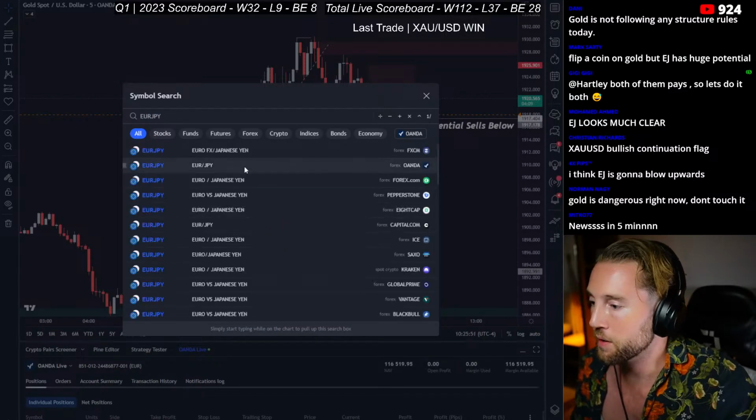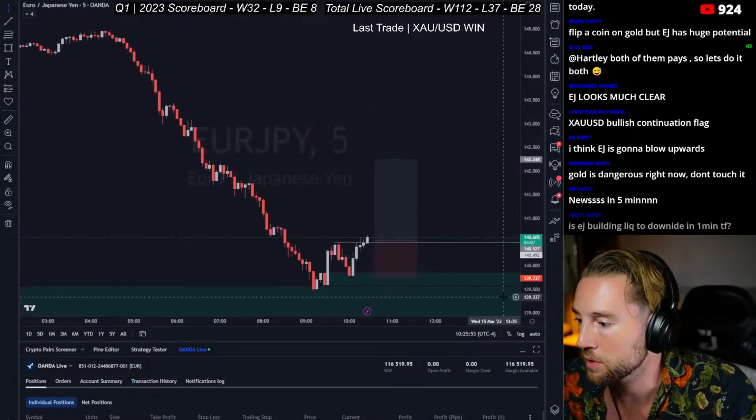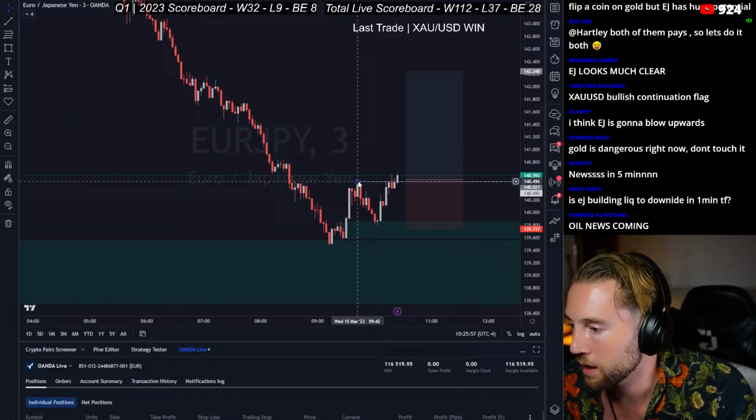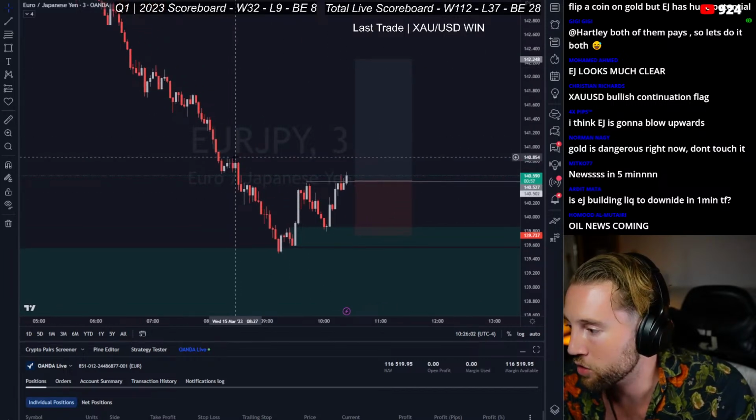All right, so euro yen has not closed any particular candle yet on the 3 minute chart here.